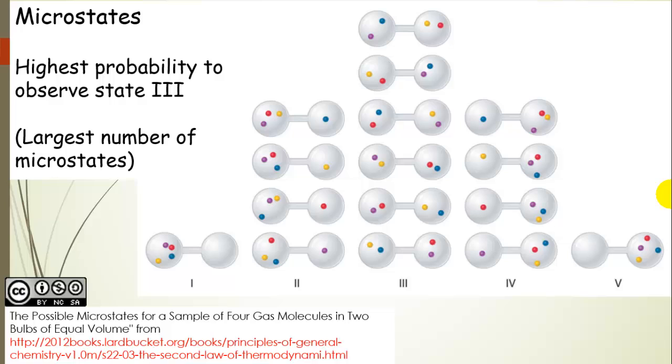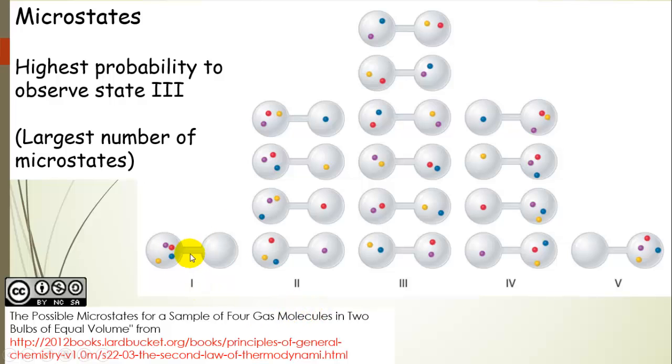Okay, so here are the microstates that come out of this problem, but let's start talking about it. So here's our 2-compartment container here. And notice that we have 4 particles on one side, yellow, blue, red, and purple. Now, we're going to open this stopcock, and we're going to allow particles to go into the other bulb.